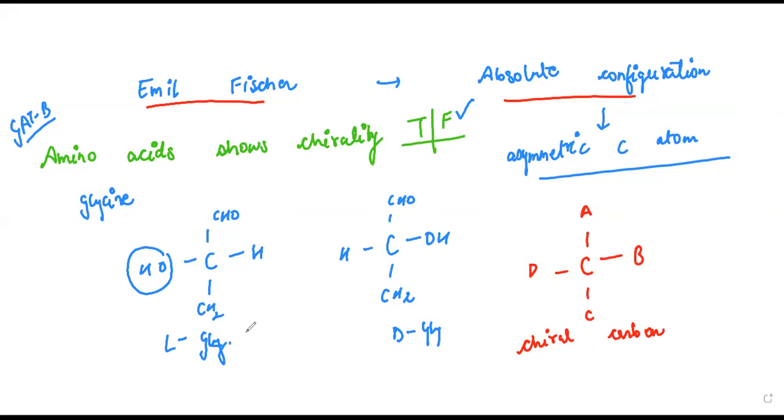The same goes for amino acids. This CHO group is replaced by COOH, and instead of OH here we have amine group. So the relative position of amine group is considered in place of OH.